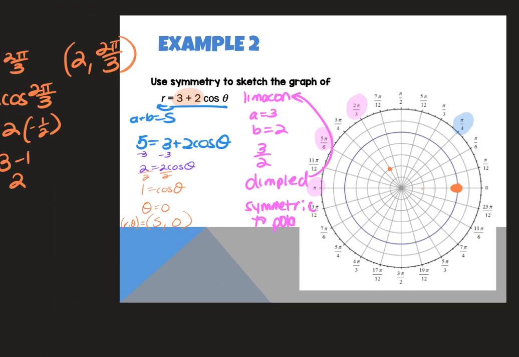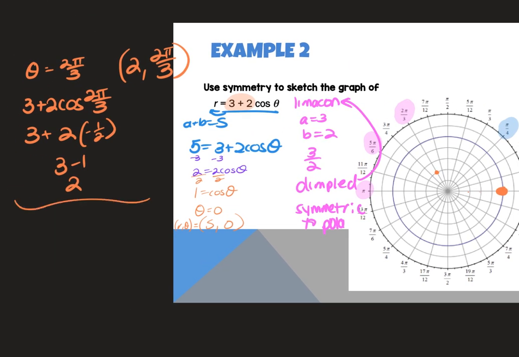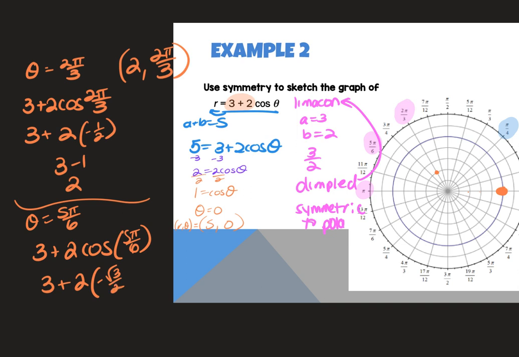Then I'm going to plug in 5 pi over 6. I get 3 plus 2 cosine 5 pi over 6. What's cosine at 5 pi over 6? Negative root 3 over 2.